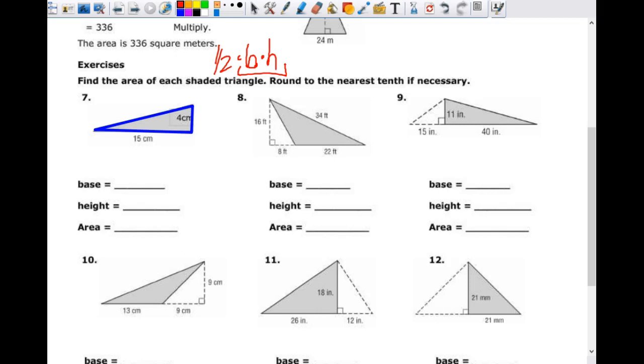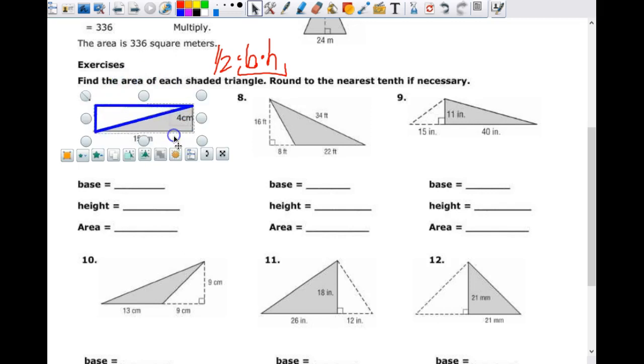Why in the world are we using the area of a rectangle? Exactly. It is exactly half of a rectangle. Watch this. It's going to be like magic. Do you see how those two triangles make a rectangle?